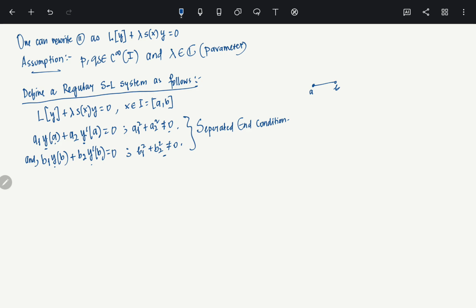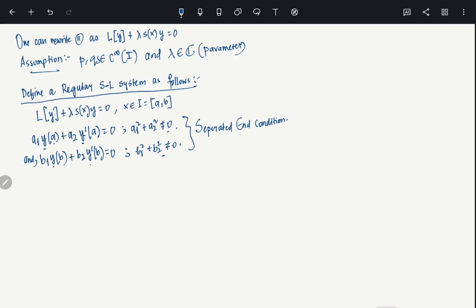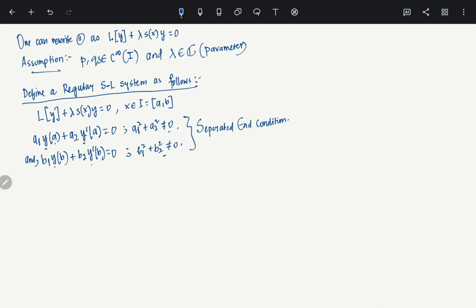That is why this sort of problem is called a boundary value problem. This is a special sort of equation.